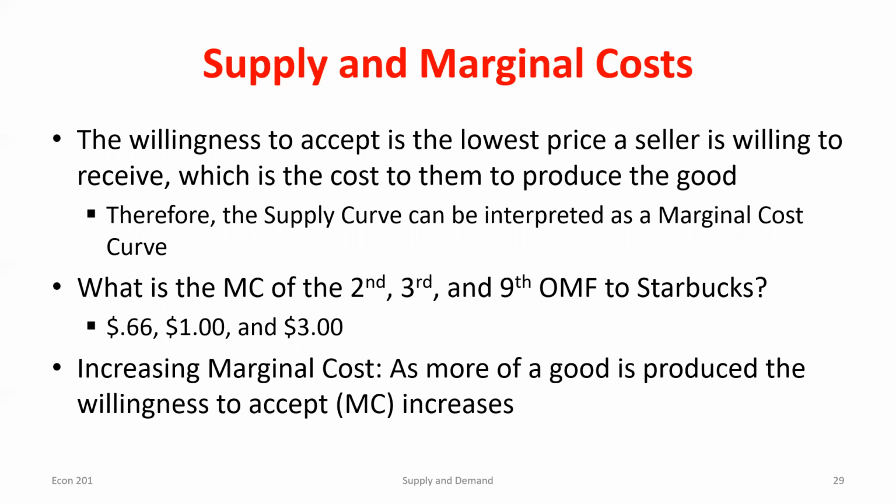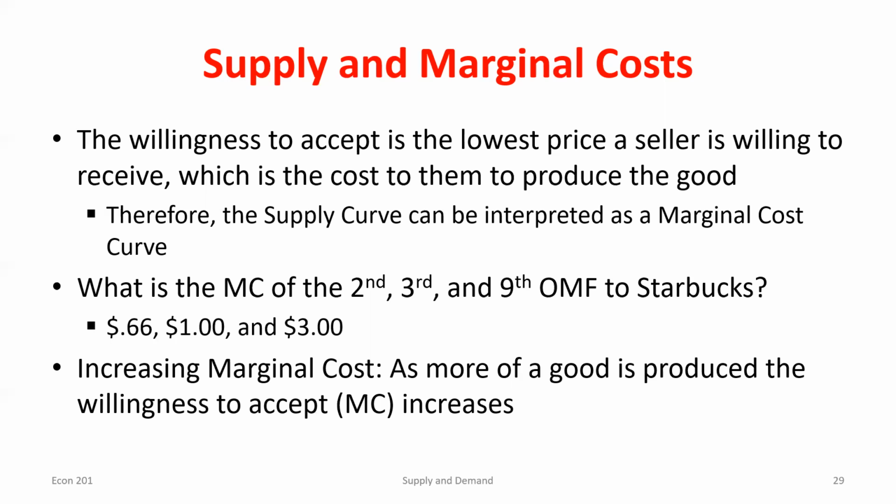Right? And why can we think of it that way? Well, let's say that I had this price of $10. Right? The only way someone is going to be willing to supply that to the market would be if the marginal benefit of supplying that good to the market is greater than or equal to its marginal cost.